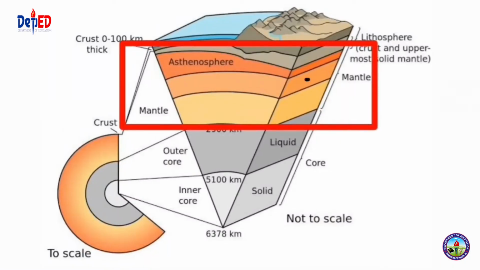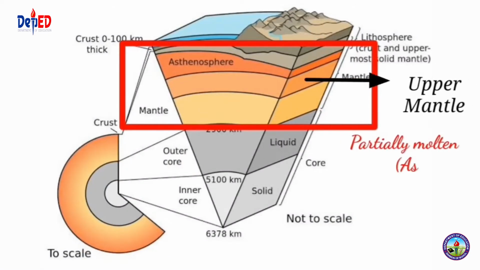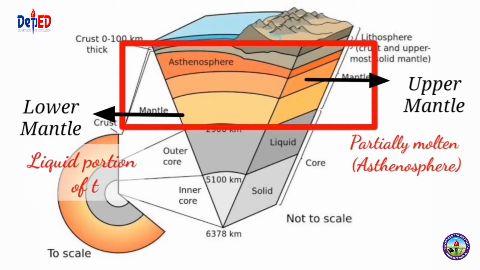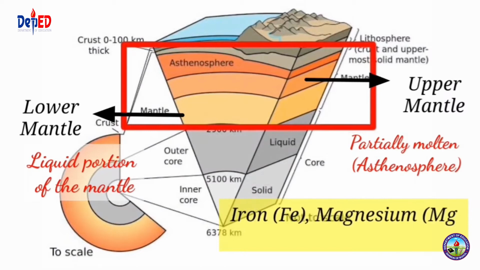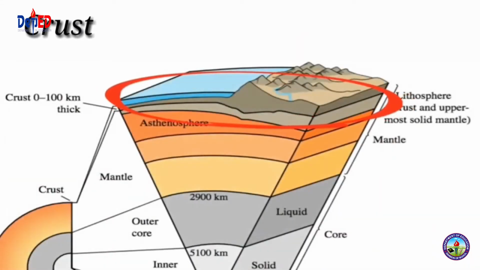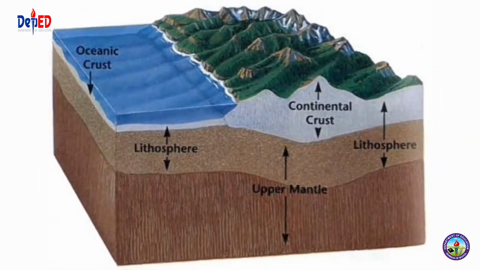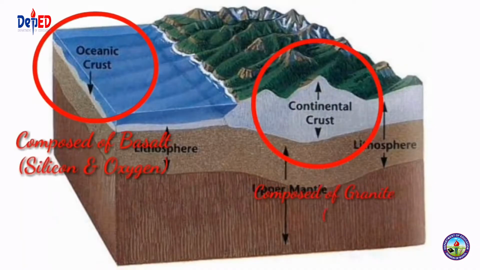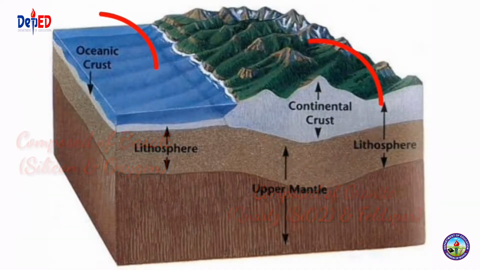Then the upper mantle, which is partially molten, or what we call the asthenosphere, and the lower mantle, which is the liquid portion of the mantle, composed of iron, magnesium, silicon, and oxygen. The thinnest and outermost layer of the Earth is the crust, divided into two: the oceanic crust, which is composed of basalt, and the continental crust, composed of granite.